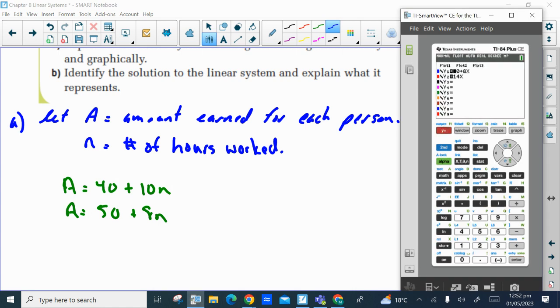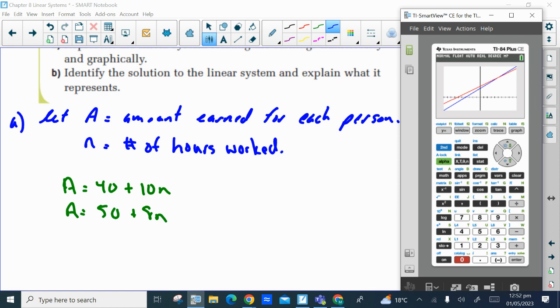So we put these equations in the calculator. The first one is 40 plus 10x. The second one is 50 plus 8x. We need to find the point of intersection. Again, I'm going to go zoom 0, which will select the windows for us.